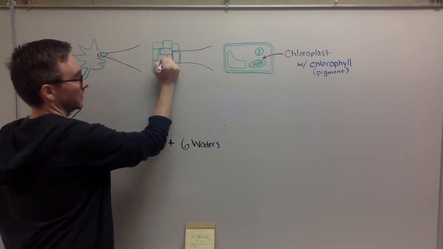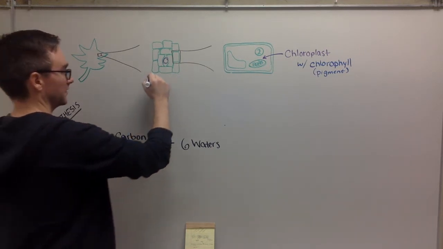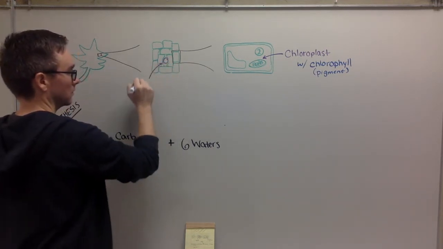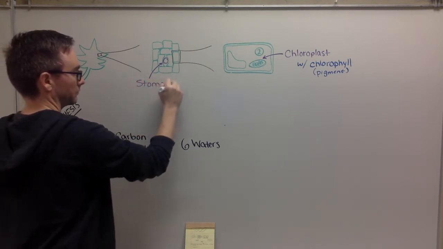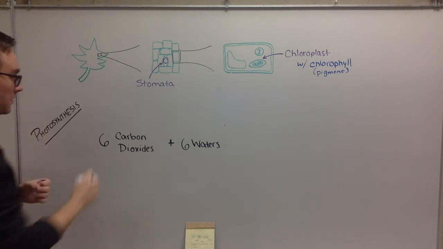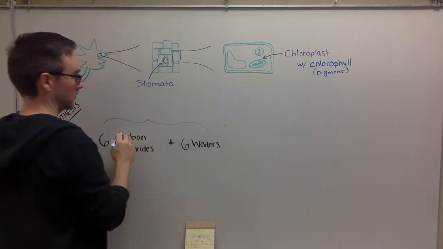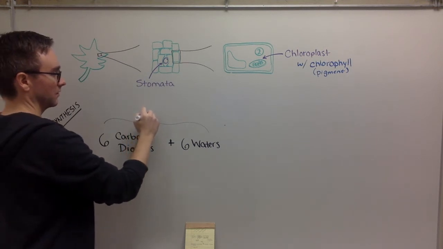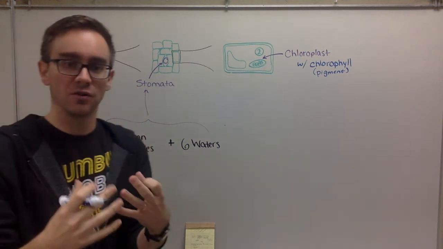There are these little openings here called the stomata, or the stoma. These right here, they enter the leaf by the stomata.